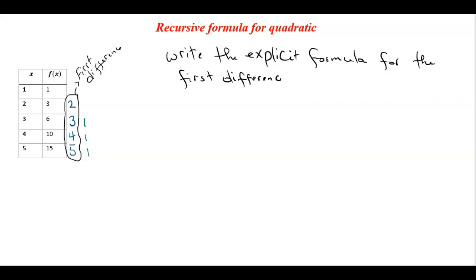To do that, we're gonna go back to the first difference list, which is 2, 3, 4, 5, and the first number is 2. So we're gonna have 2 plus the common difference, which is 1, that's our second common difference, factor of x minus.